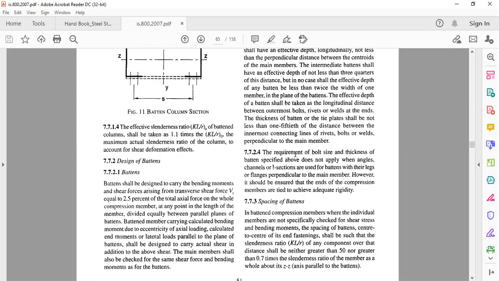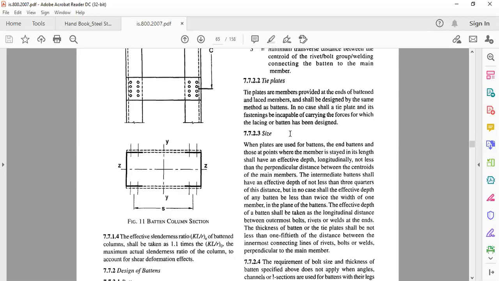Next, the thickness of the batten and end batten. Here the term batten means intermediate, and end batten means end. Those at points where the member is stayed in its length shall have an effective depth longitudinally, in the longitudinal axis, not less than the perpendicular distance between the centroids of the main members.